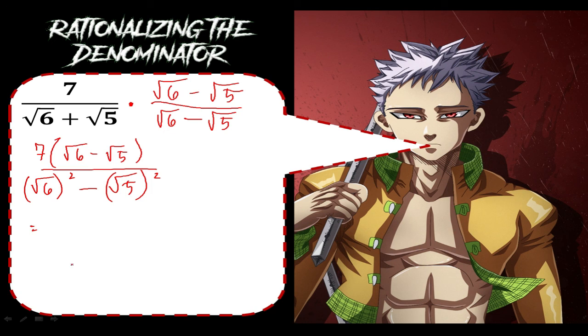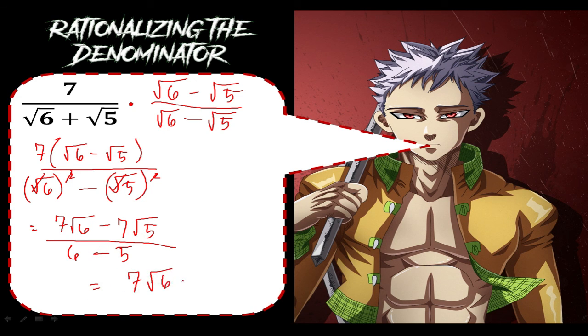We can distribute the 7 on the numerator, that is 7 square root of 6 minus 7 square root of 5 over 6, cancel the square root, then minus 5. Our final answer for that expression is 7 square root of 6 minus 7 square root of 5. That is over 1, or we can say that it is already our final answer.